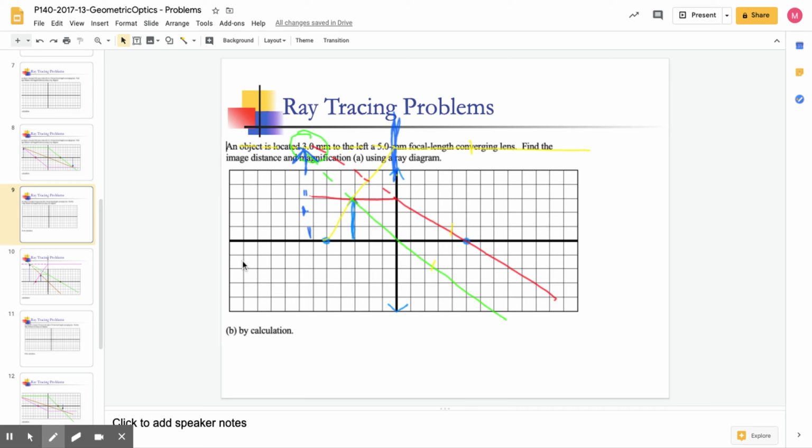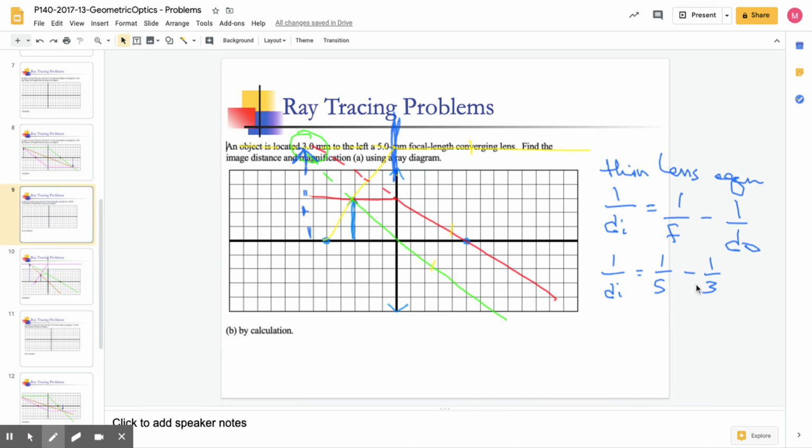So let's use our ray tracing information to make some calculations. First off, let's start with the thin lens equation. It says 1 over di is equal to 1 over f minus 1 over d0. So 1 over di is equal to 1 over 5 minus 1 over 3.